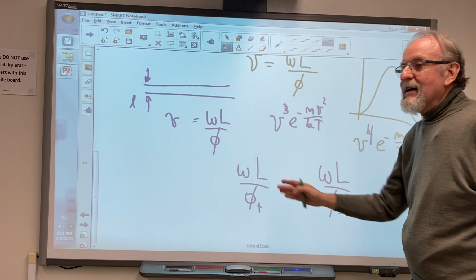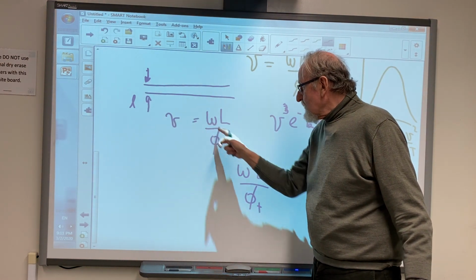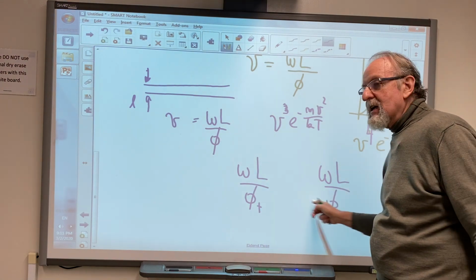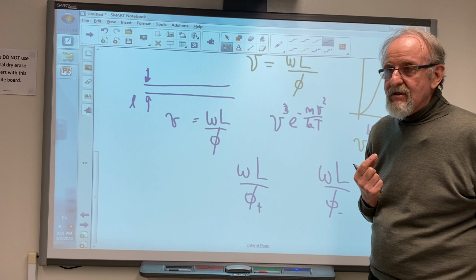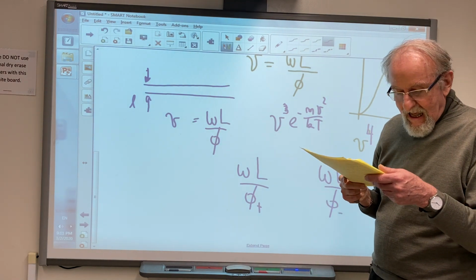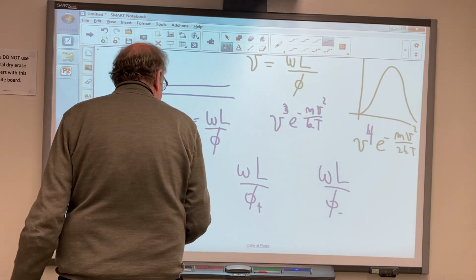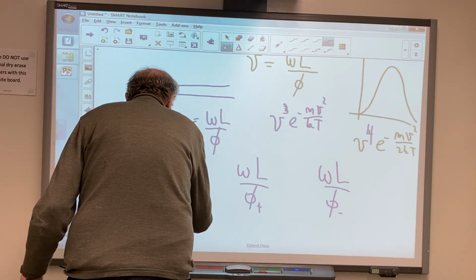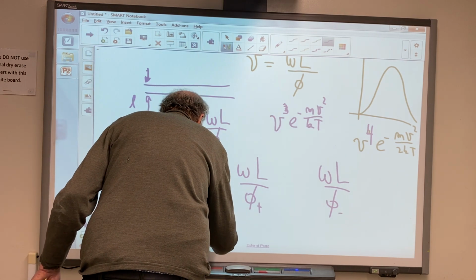So you are counting a range of molecules, because you know the V's you are counting are these, but if you are accepting all this range, you are counting a little range of velocities in your experiment. You're not counting just one velocity. And so you are calculating a sort of delta V, which is omega L over phi plus minus omega L over phi minus.